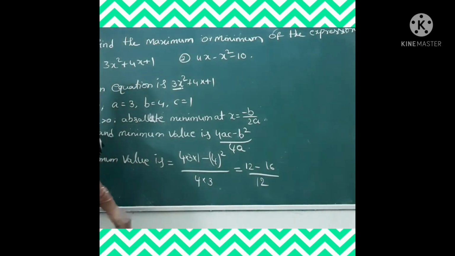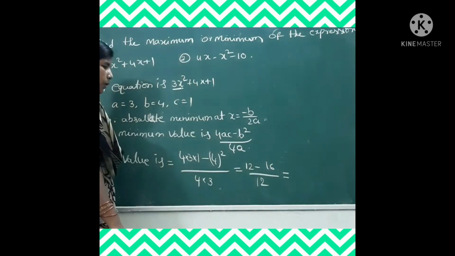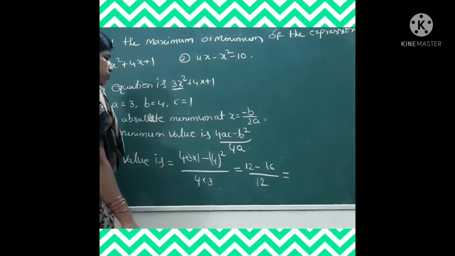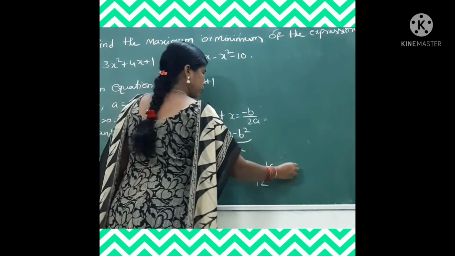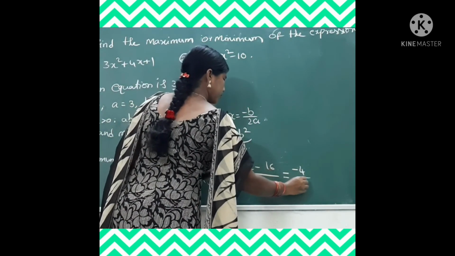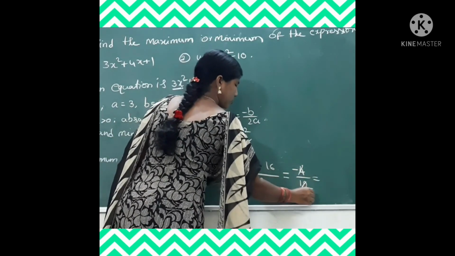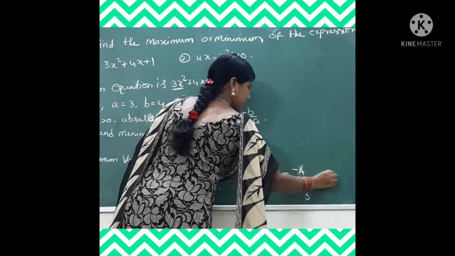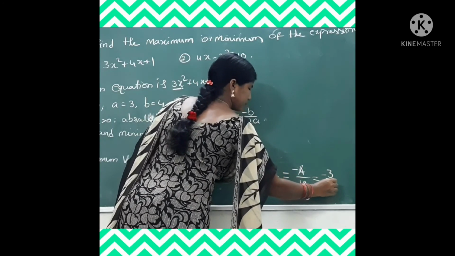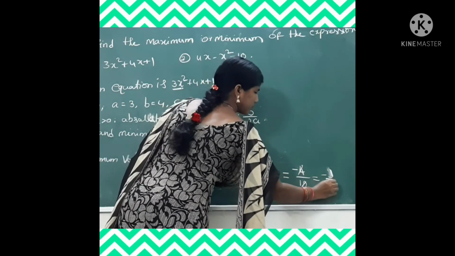Okay, now see here 12 minus 16 is equal to minus 4 by 12. Okay, again here 4 3s are 12, and minus 1 by 3.